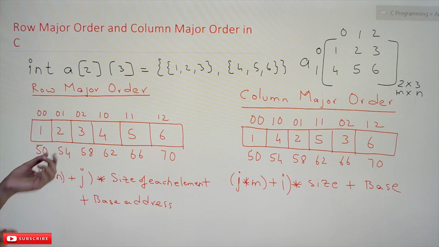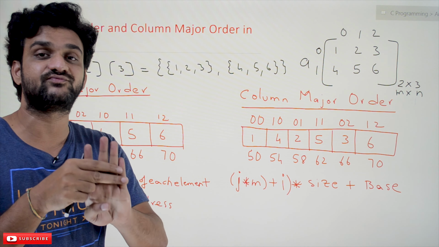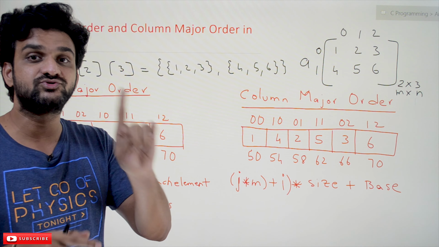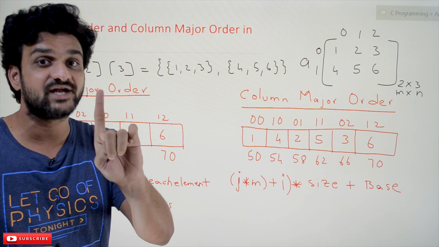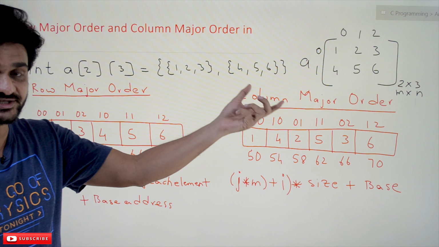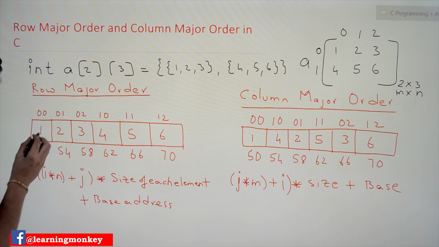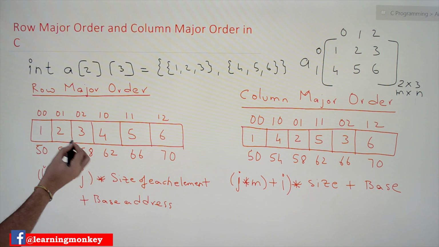50, 51, 52, 53: these 4 locations are used to store one integer. Integer size is 4, so 4 bytes of memory is allocated for an integer. I hope you have the idea of arrays and memory, which we have already discussed. So the 50th location goes 50, 51, 52, 53.